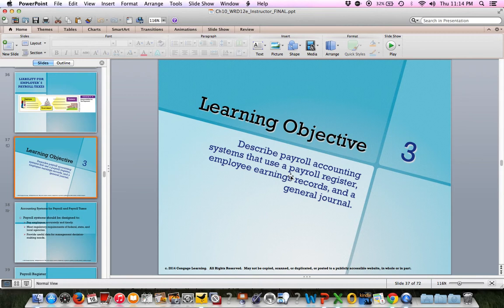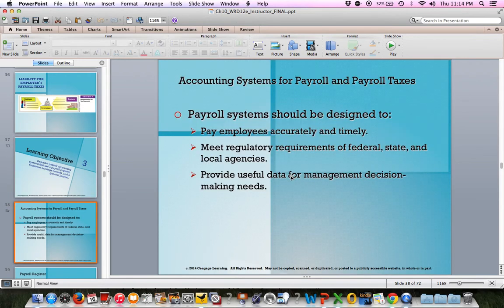Okay, so let's talk about payroll accounting systems for payroll. Payroll systems should be designed to pay employees, of course, accurately and timely, meet the requirements of federal, state, and local agencies, basically for withholding and reporting, and of course provide enough data to management to make decisions about our payroll.